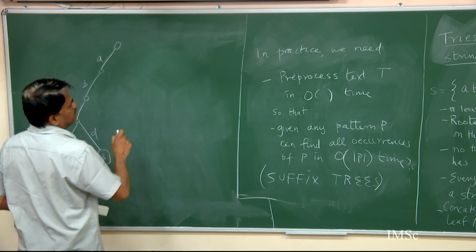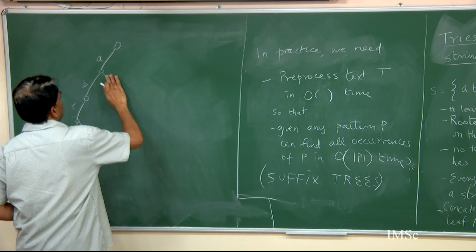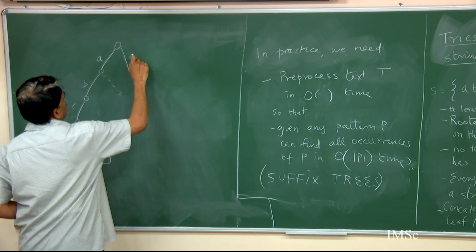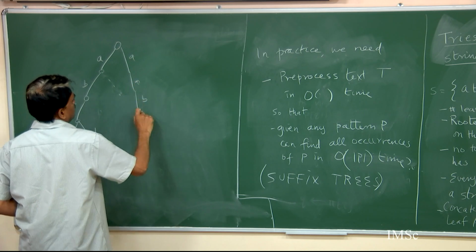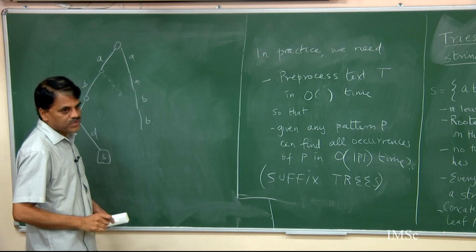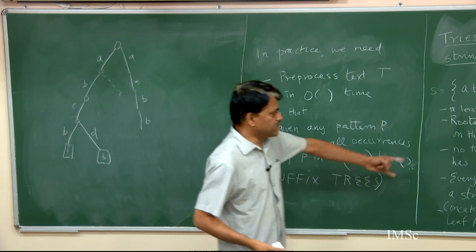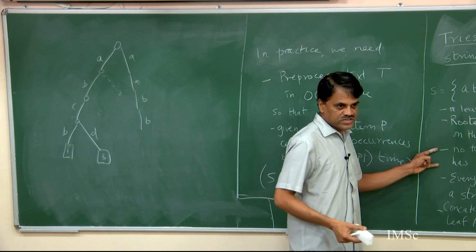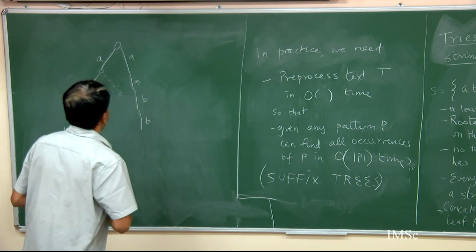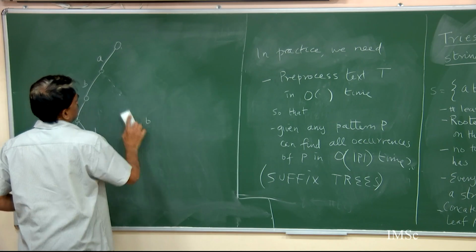A, B, B. So I could do this, but it will violate the condition that no two children of a node have the same label. So if you have the same label, you might not want to use it.